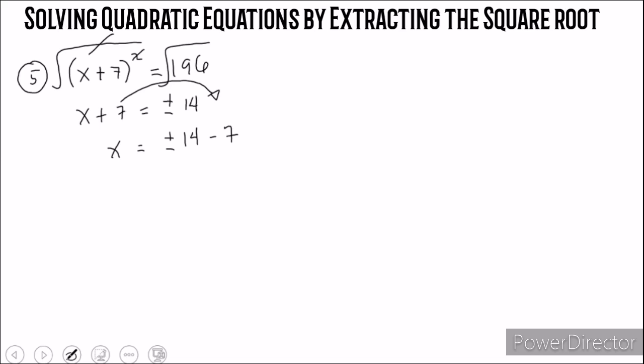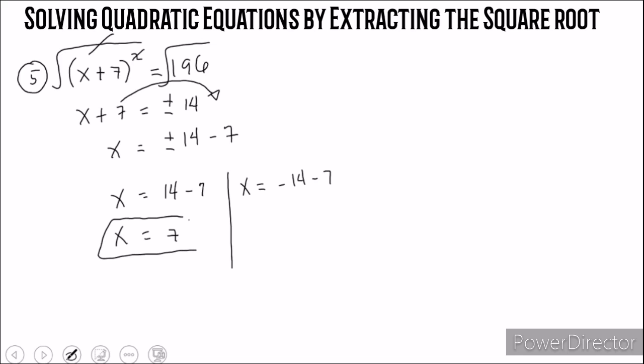So, we have x is equal to positive 14 minus 7, and then x is equal to negative 14 minus 7. Okay. So, x is equal to 14 minus 7 is 7. Yan, so lagyan natin dito, yun yung una natin, x sub 1 natin. Yung x sub 2 naman natin is negative 14 minus 7, which is negative 21.